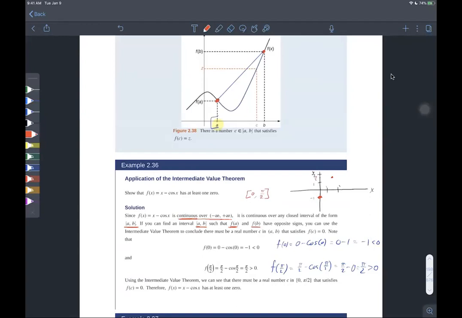So there must be some value c in the interval from 0 to pi over 2 such that f of c is equal to 0.